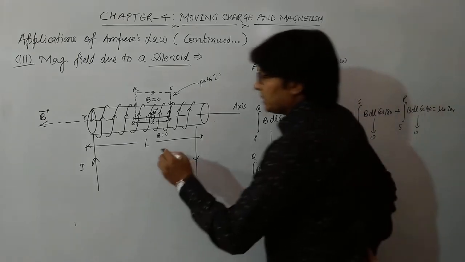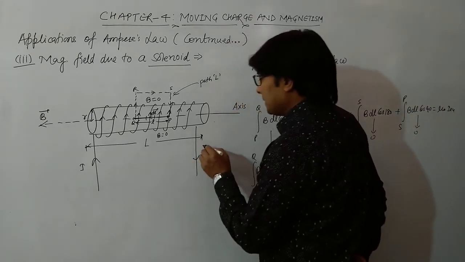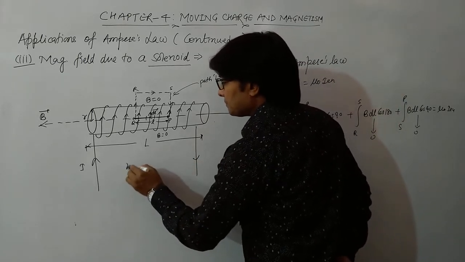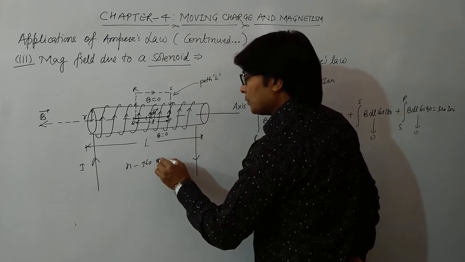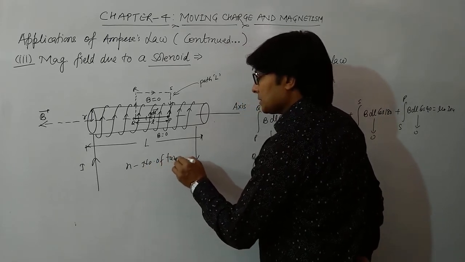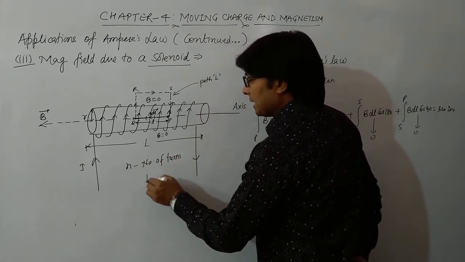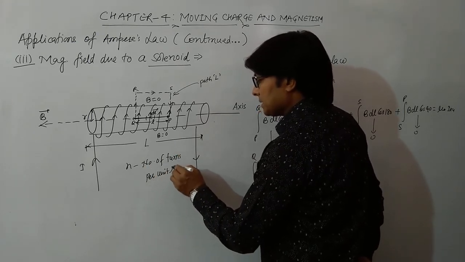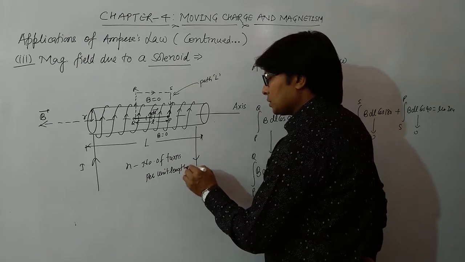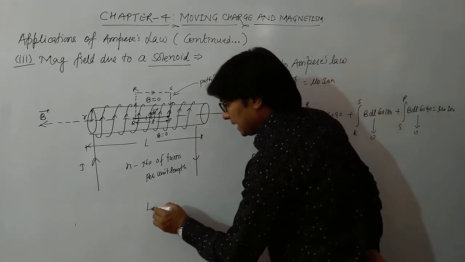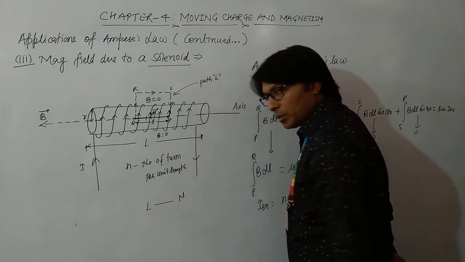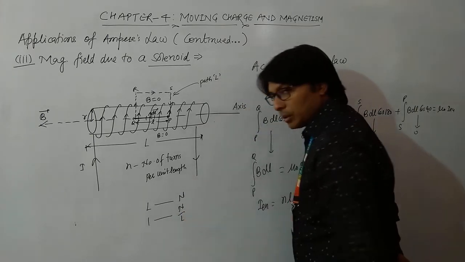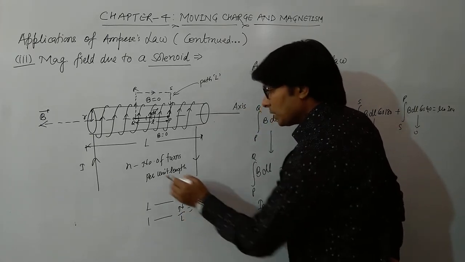So I'm assuming here small n as the number of turns per unit length wound on the solenoid. Now L length consists of capital N number of turns, so unit length consists of N divided by L number of turns. This is known as small n.